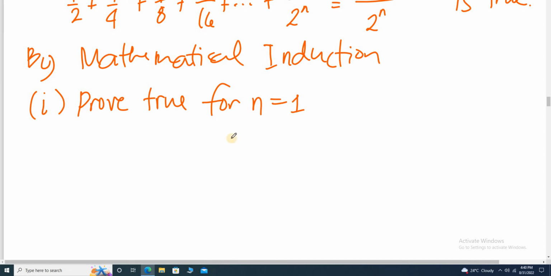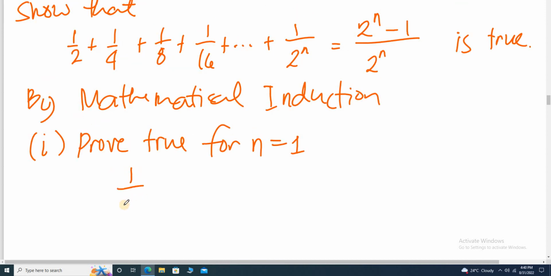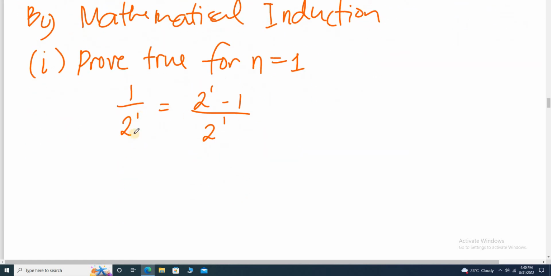So first step is to prove true for n equals 1. And that would be 1 over 2 raised to 1 is equal to 2 raised to 1 minus 1 over 2 raised to 1. So my left side is 1 over 2, and my right side is 2 minus 1 is 1 over 2, so it's true.